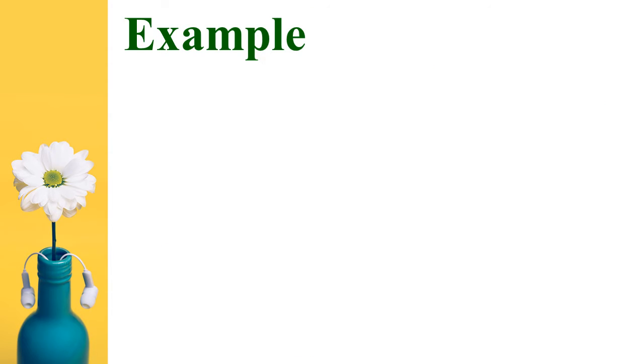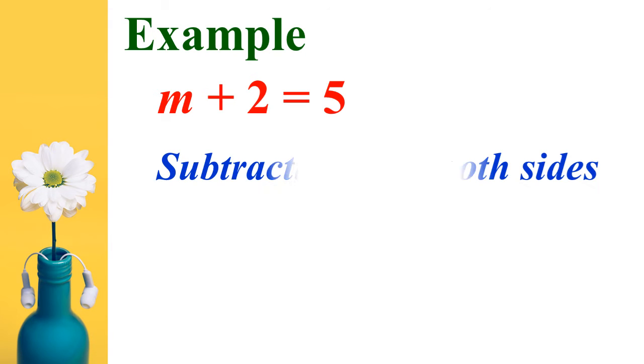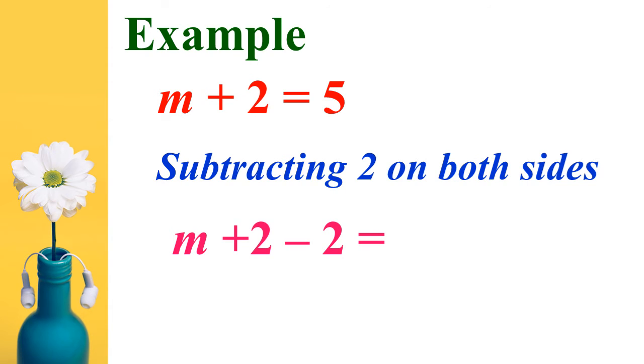Let us understand with one example: m plus 2 equal to 5, by the method of balancing. Now subtracting 2 on both sides, m plus 2 minus 2 equal to 5 minus 2.